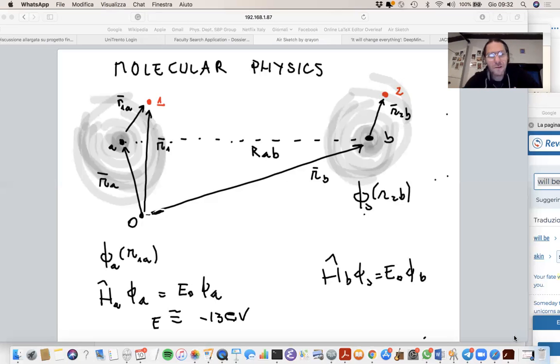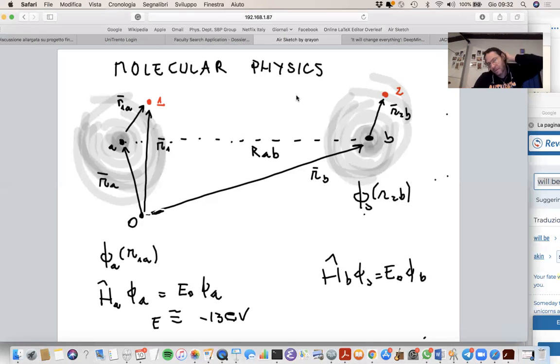Now, the question we want to ask is what happens when the distance RAB becomes closer and closer. And clearly, from the physics point of view, electron 1 will begin experiencing new interactions, in addition to those that it already experiences in the context of its own atom.